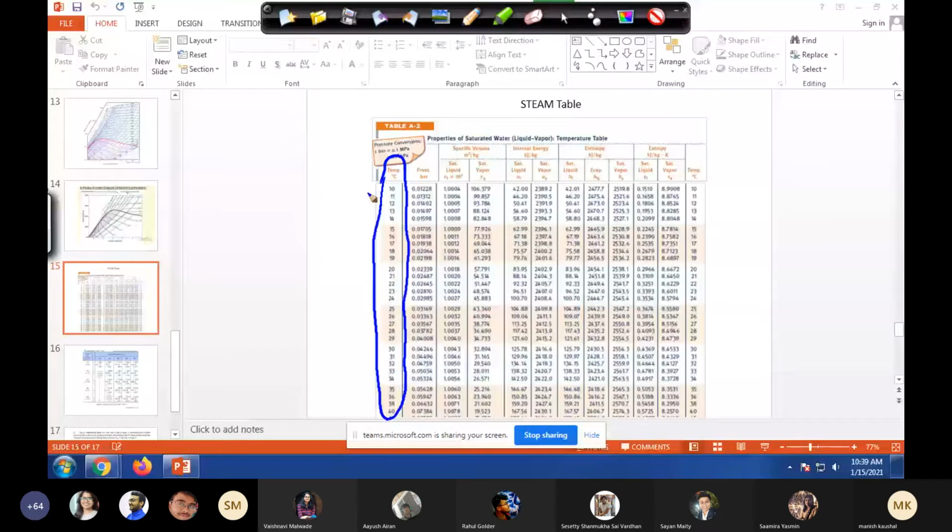Let's say for water there is a phase change. It's fixed, right? So that's why for every temperature you see a pressure. For 10 degrees it's 0.1228 bar. For 11 degrees it's 0.013112. Okay. So for a given temperature there is something called saturation pressure.